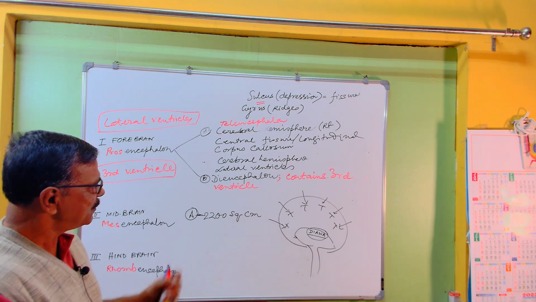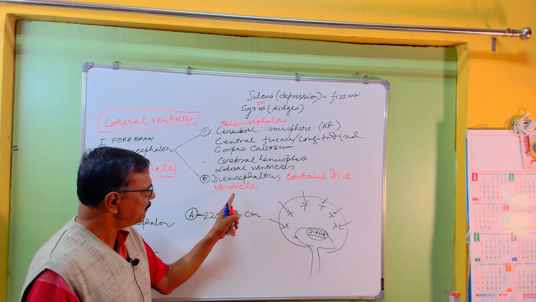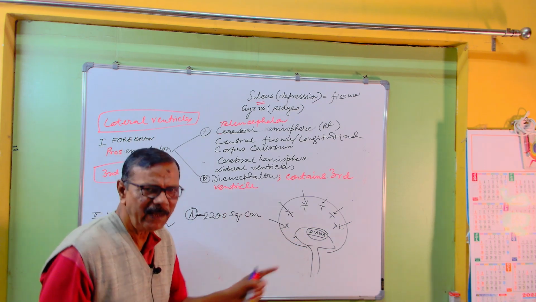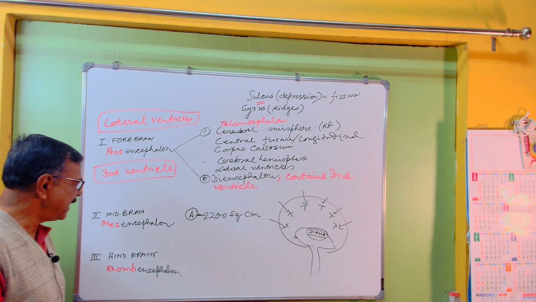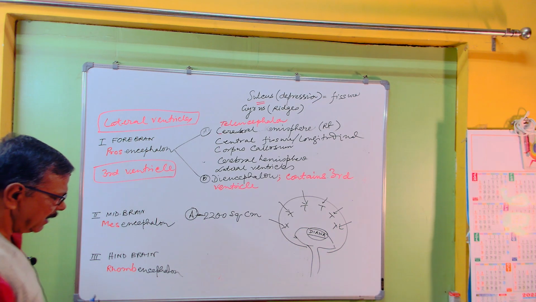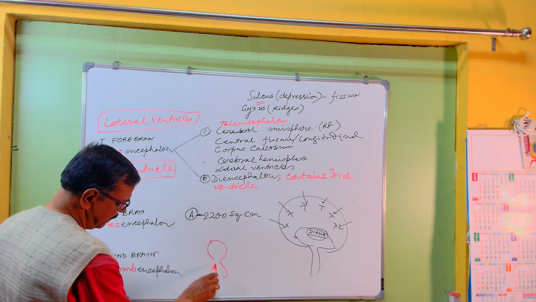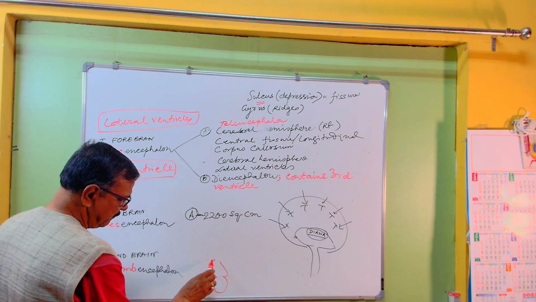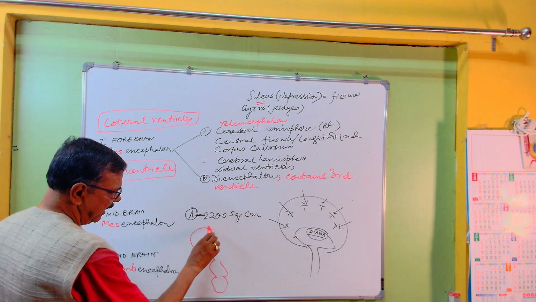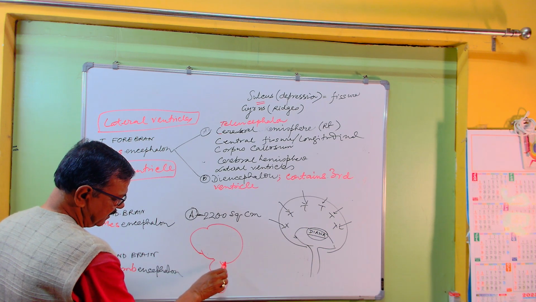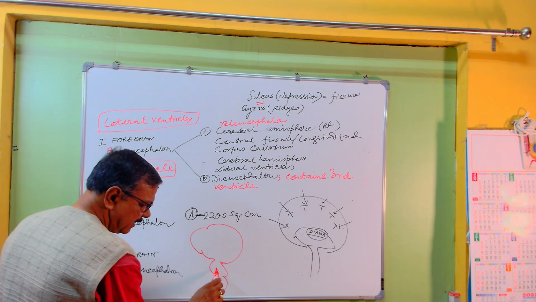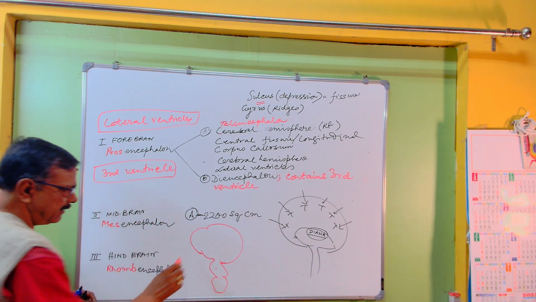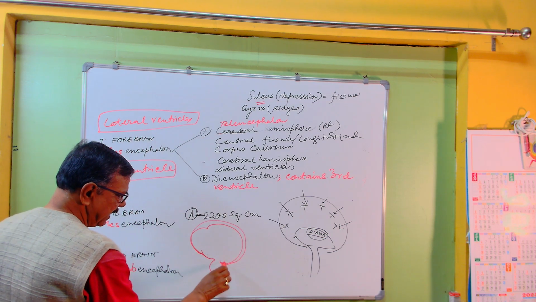Clear? Up to this, we will conclude today. We will start from the diencephalon tomorrow and continue our study in this way. So let us recap. During the course of development of the brain, the cerebral hemisphere or forebrain enlarges and covers the mesencephalon as well as the rhombencephalon.